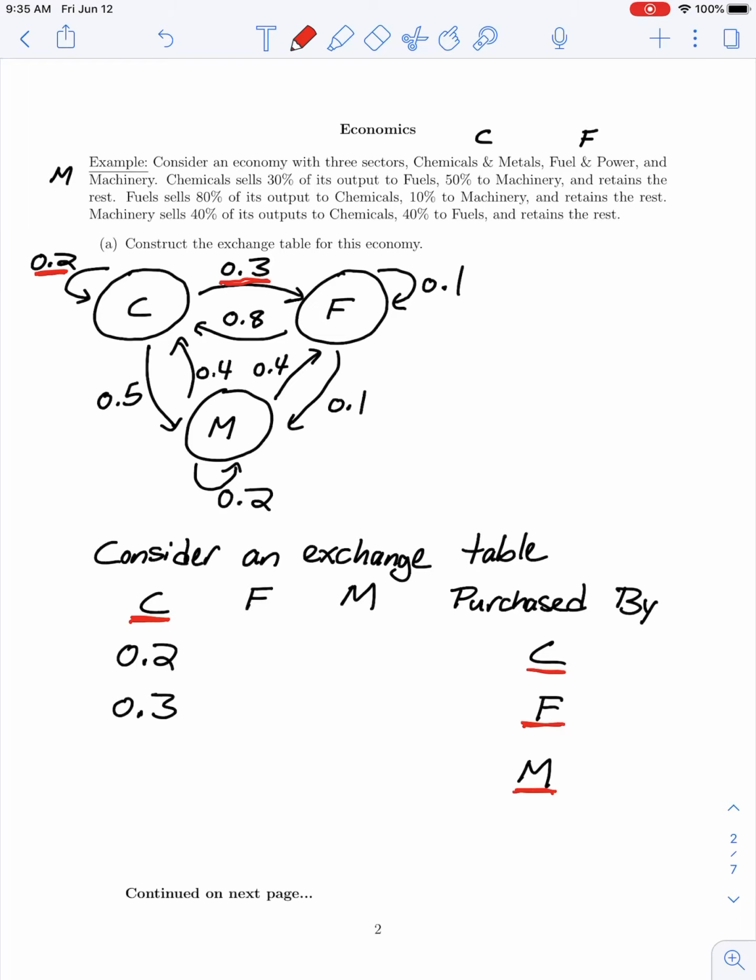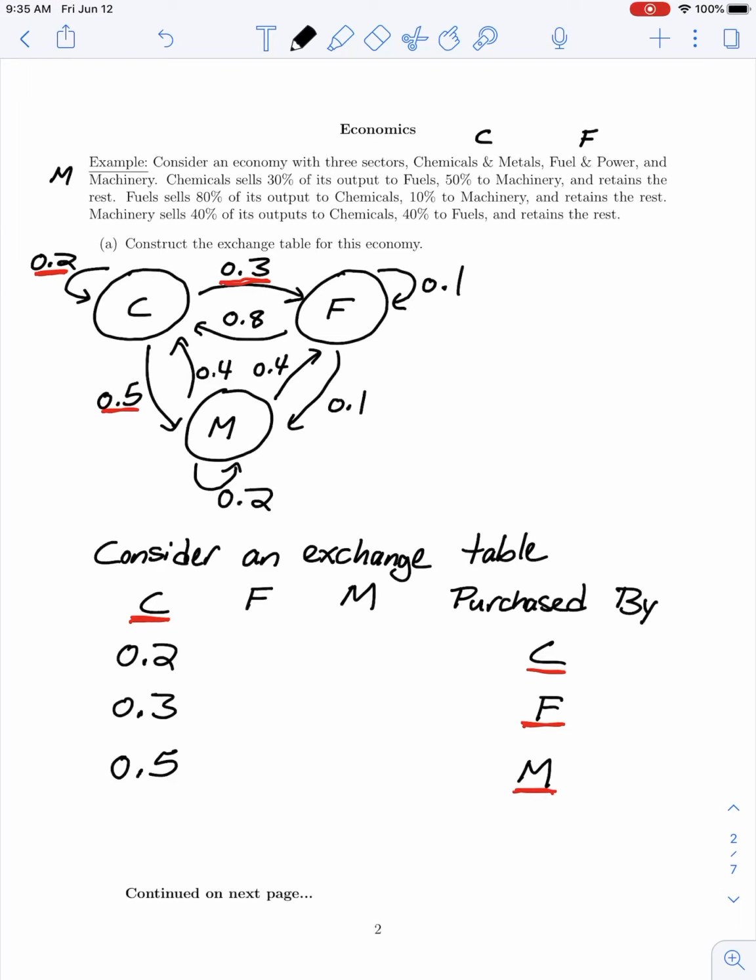So looking at the arrow from coal to machinery, we have 50% or 0.5. So notice that the sum of the entries in this first column has to be 1, since 100% of the output had to be purchased by one of these three sectors. So reading along the first column, we can see where the output of this coal sector is going.